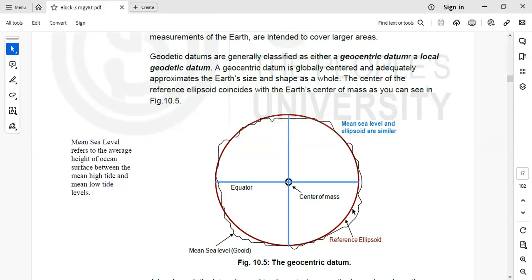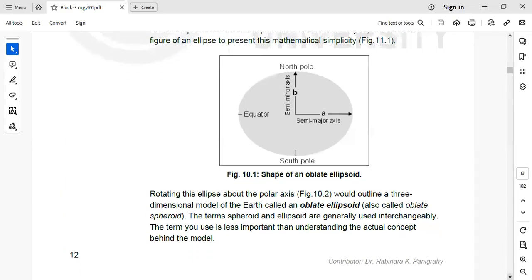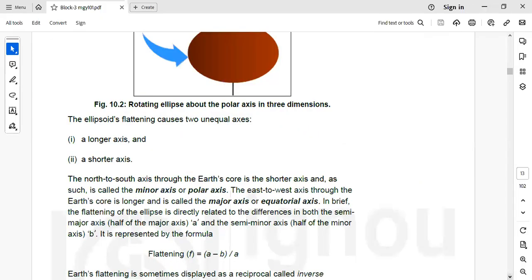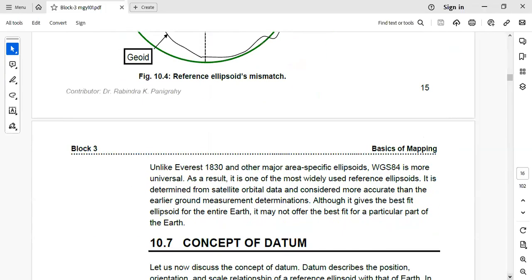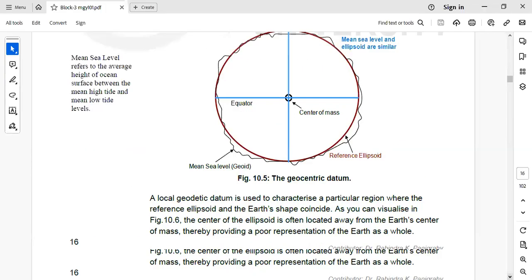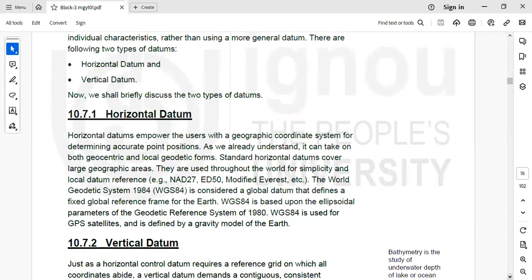This line is drawn based on mathematical observation, while the other thin, irregular line is drawn based on the gravity of the Earth. These surfaces are used to measure the height of an object from a particular datum or reference plane.